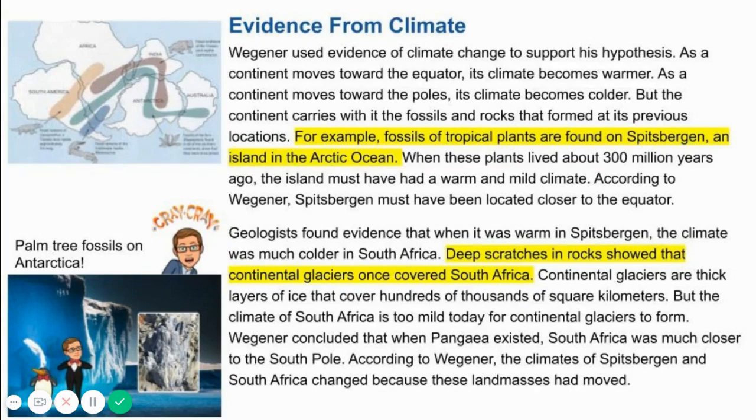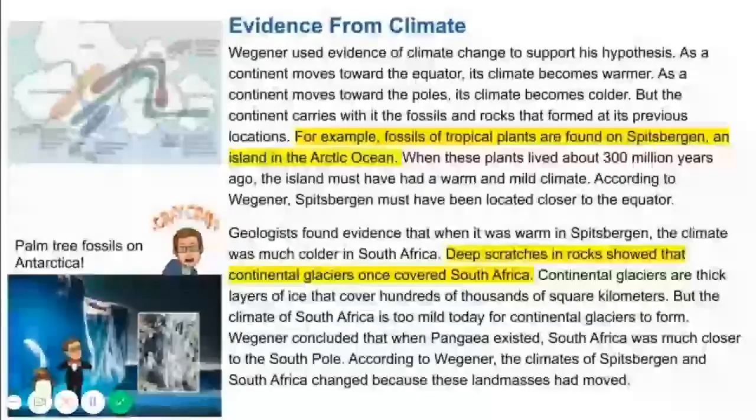For example, fossils of tropical plants are found on Spitsbergen, an island in the Arctic Ocean. The Arctic Ocean is cold. When these plants lived, possibly 300 million years ago, the island must have had a warm and mild climate. According to Wagner, Spitsbergen must have been located closer to the equator. He's thinking, why in the world would these warm plants be in the Arctic Ocean?